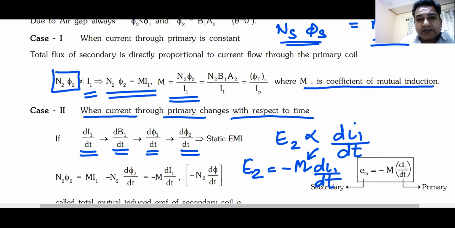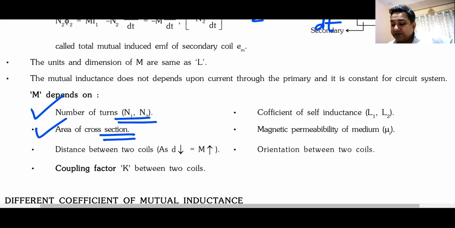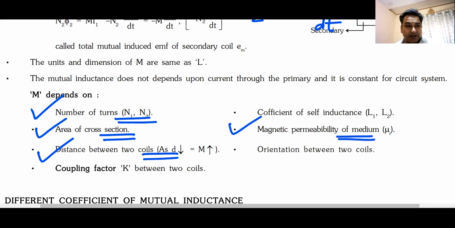What all factors does this constant depend on? Any idea? It depends on the number of turns in the primary as well as the secondary. It depends on the area of cross section. It depends on the distance between the two coils. It depends on the medium. What is the medium surrounding it?